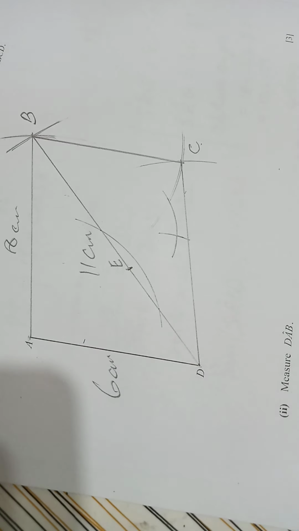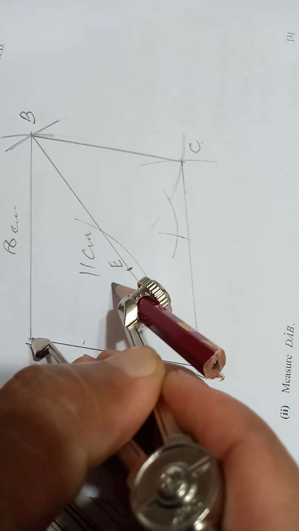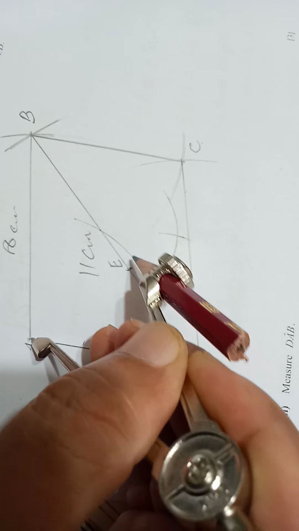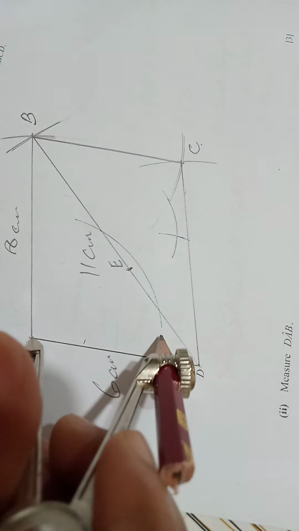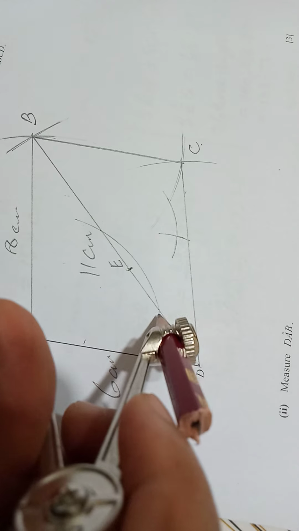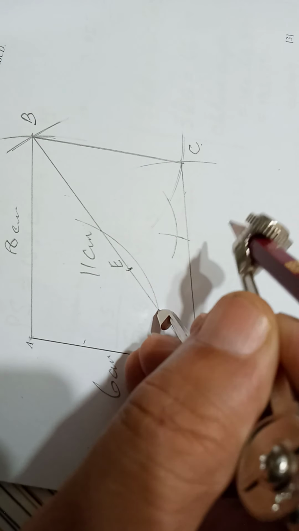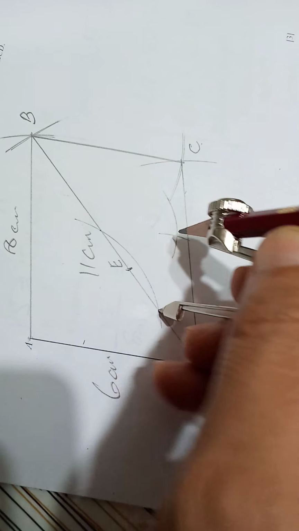So you will open your compass more than the distance of A from the line BD and mark an arc. You can see that I have already marked it to save time. On this arc you will again mark another 2 arcs with the initial and ending points.